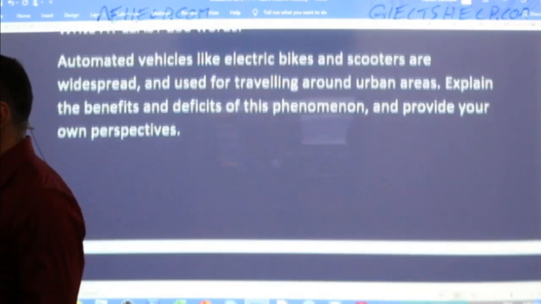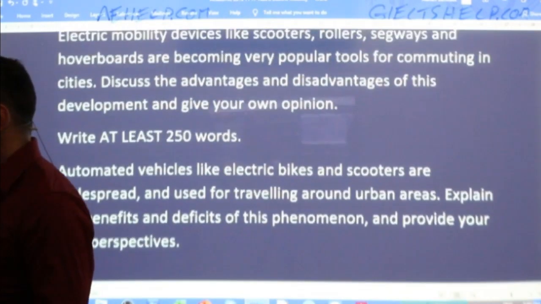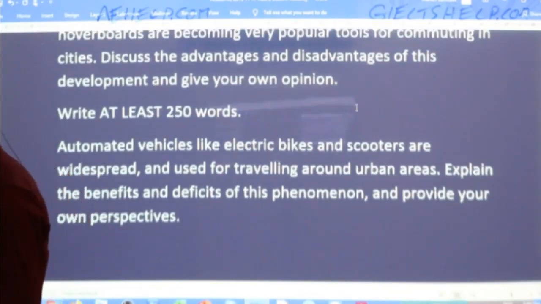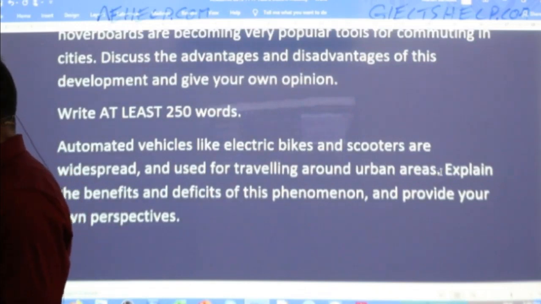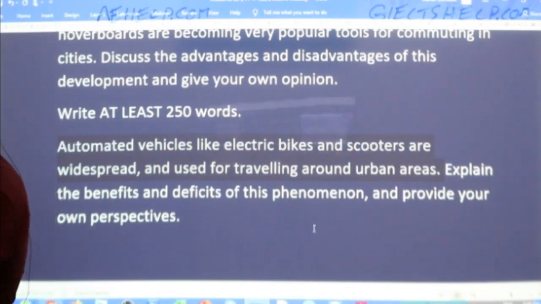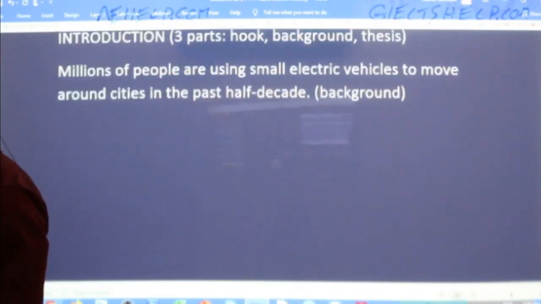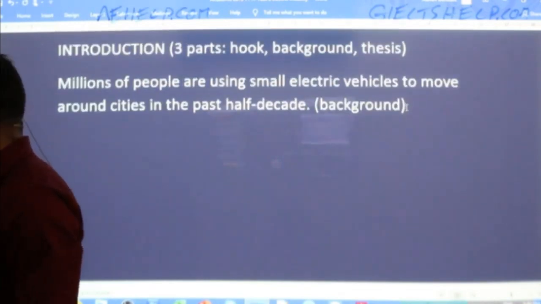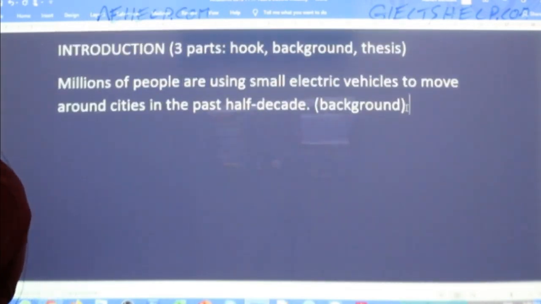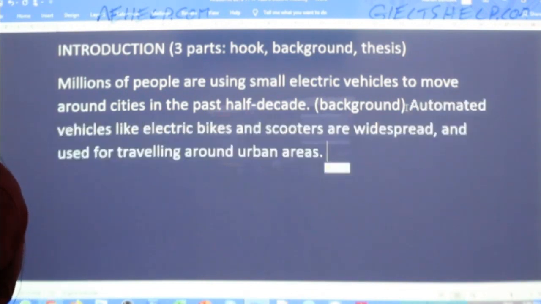So if I go back, I can grab this part and I can stick it in for my background. So the paraphrasing of the thesis is often good for the background.